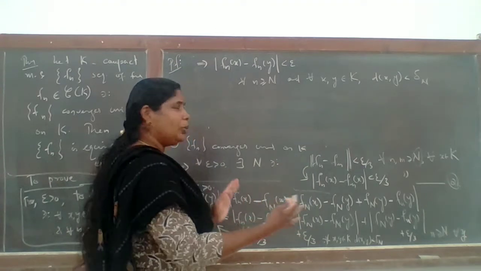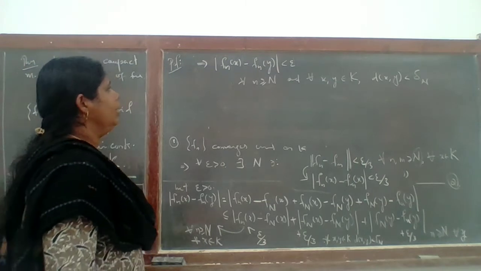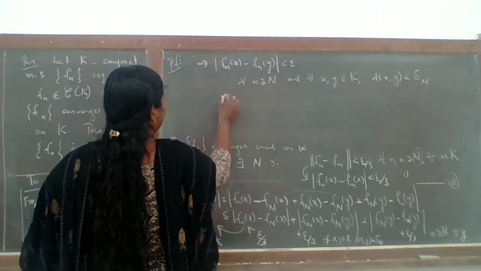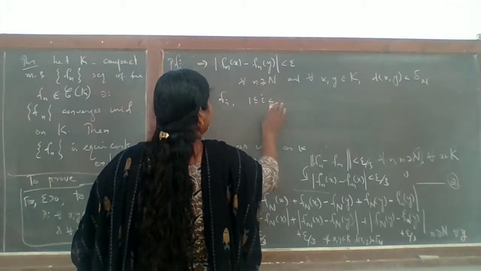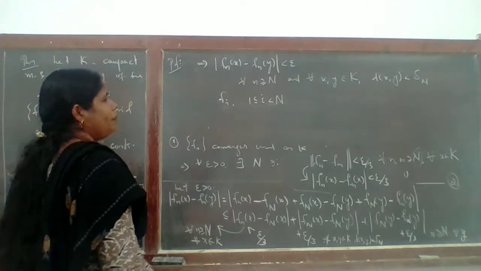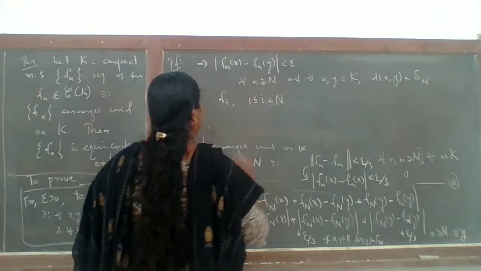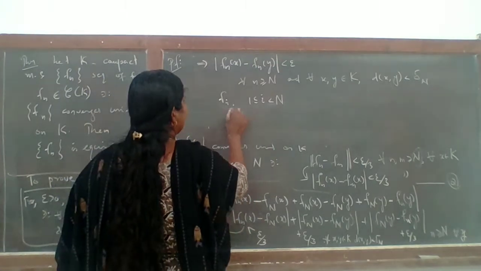So we have to include the finitely many f_n's also. For that, what do we do? For f_i, 1 less than or equal to i less than N, from N onwards we have the result. But for 1 to N minus 1, we have to get some delta. Can we get a delta?